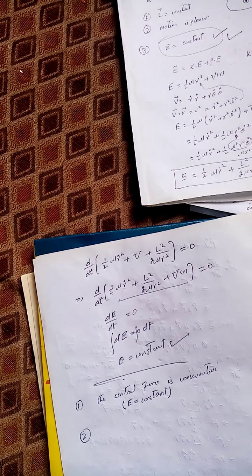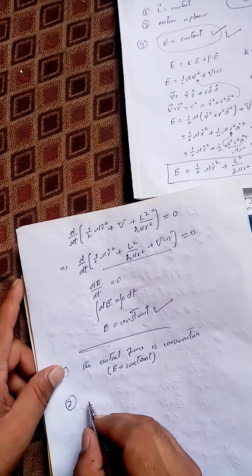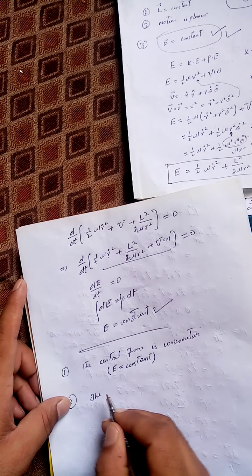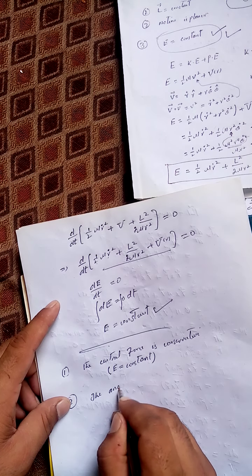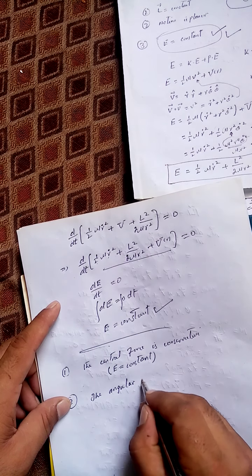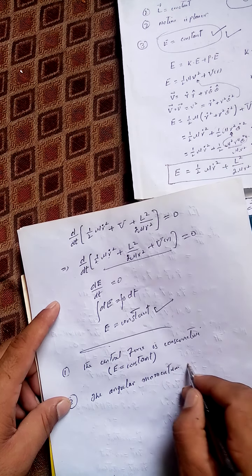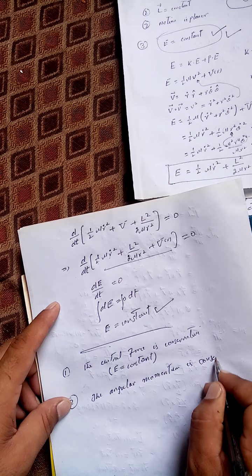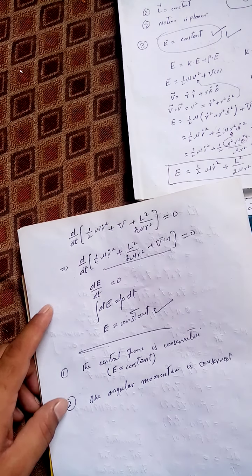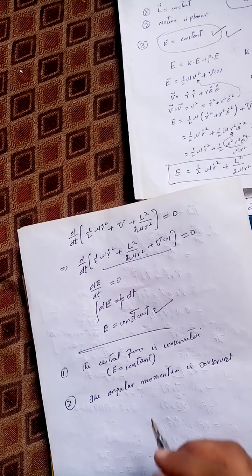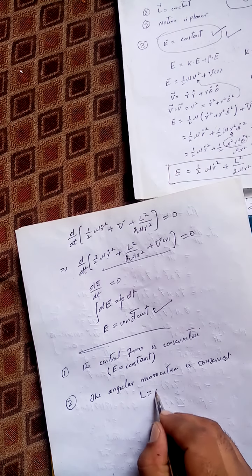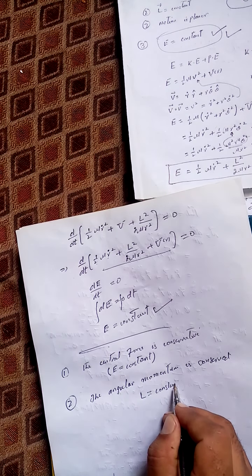The second property we proved is that the angular momentum is conserved. What it means is that the total angular momentum of a particle moving in a central force field is also constant.